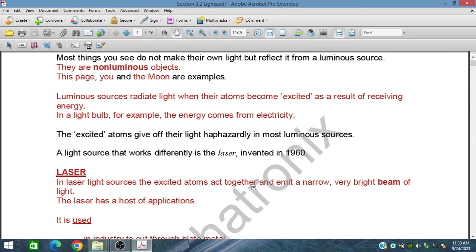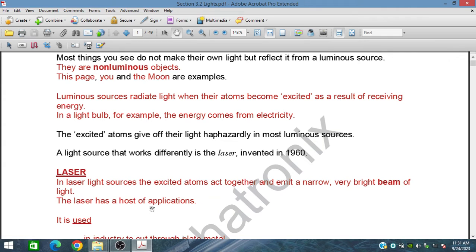They reinforce and strengthen each other and emit a narrow, very bright beam of light. So the laser is a different type of source.